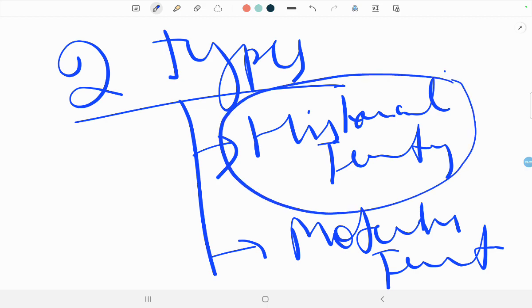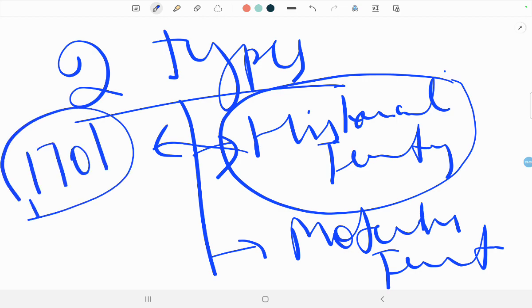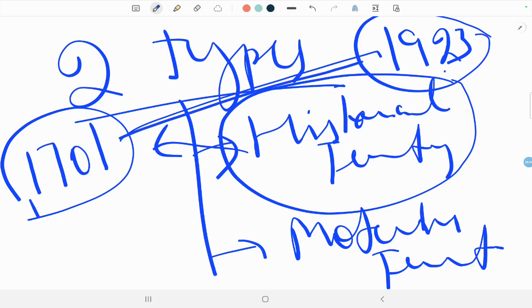For knowing the historical treaties, we may look at the years 1701 to 1923. In these years, many treaties were made by government with the indigenous people, for understanding their behavior and their way of life.